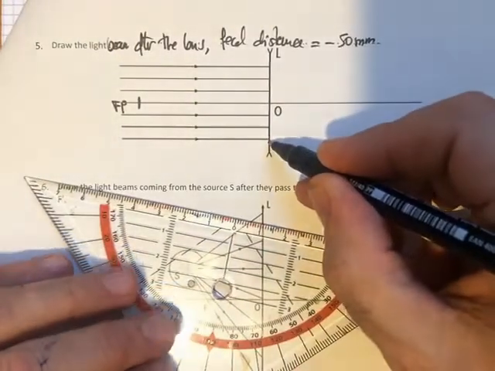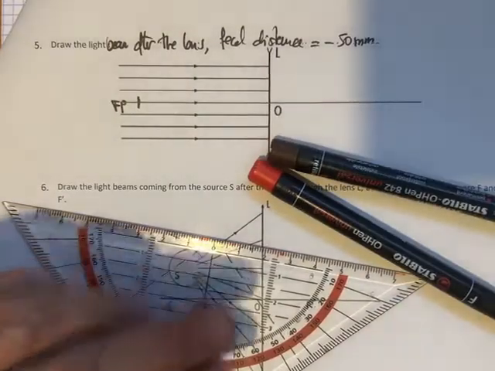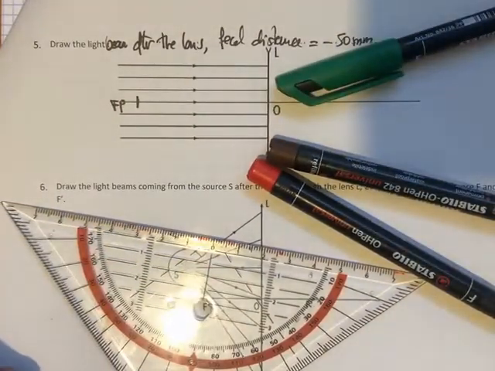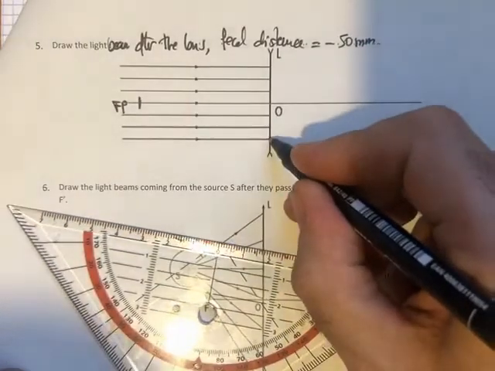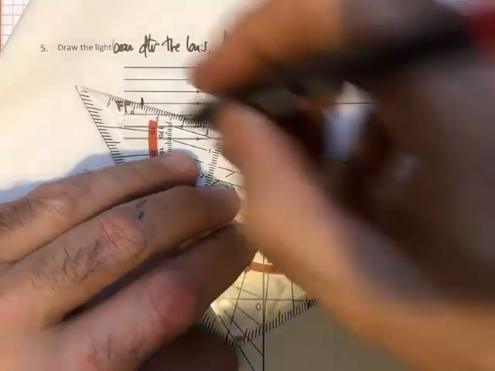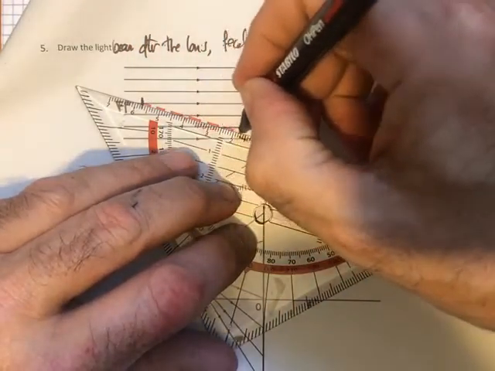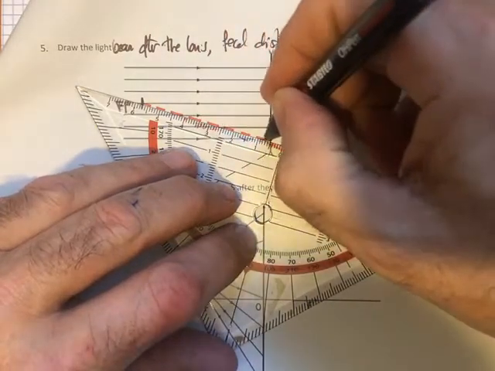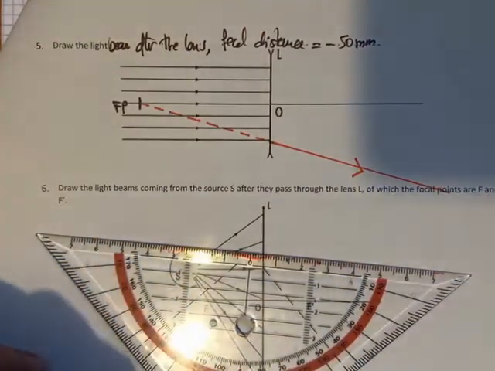This light beam is going to diverge, so we expect that it's going to give us something like this, right? And so this beam here is going to go in a direction given by a line which passes through the focal point and is going to go like this.